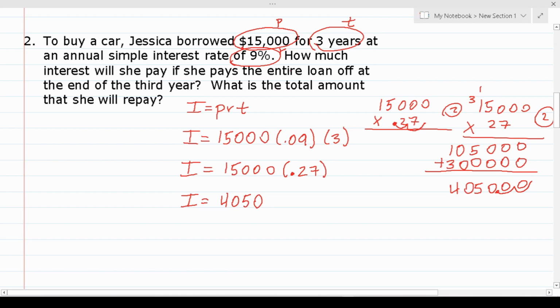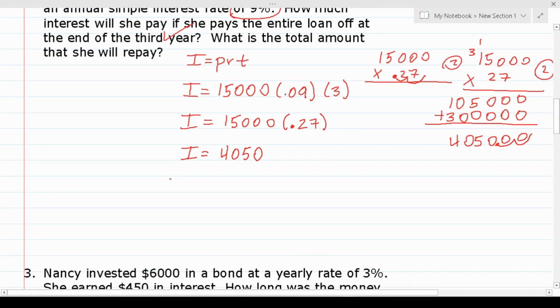How much interest will she pay if she pays off the entire loan at 3 years? That's $4,050. What is the total amount that she'll repay? So I quickly mentioned that total is found by adding your principal to your amount of interest owed.